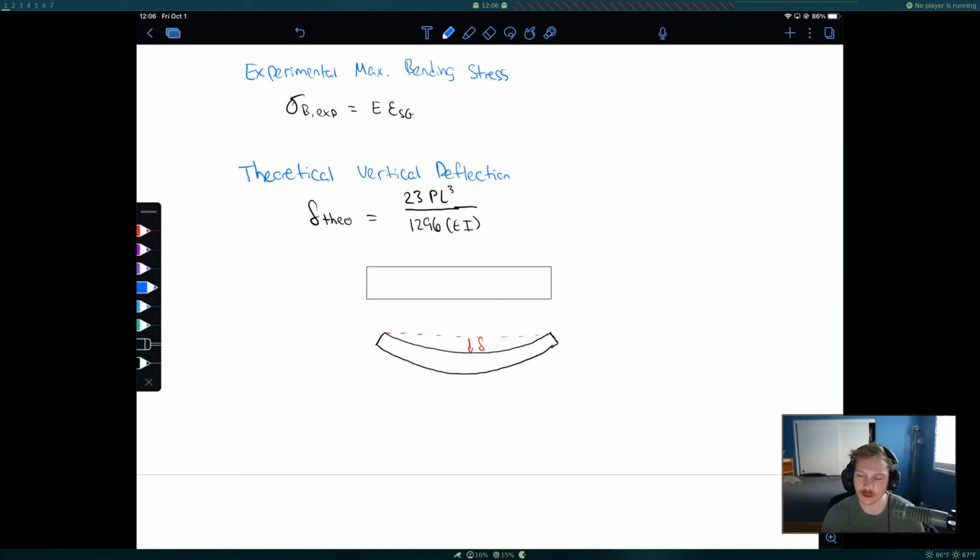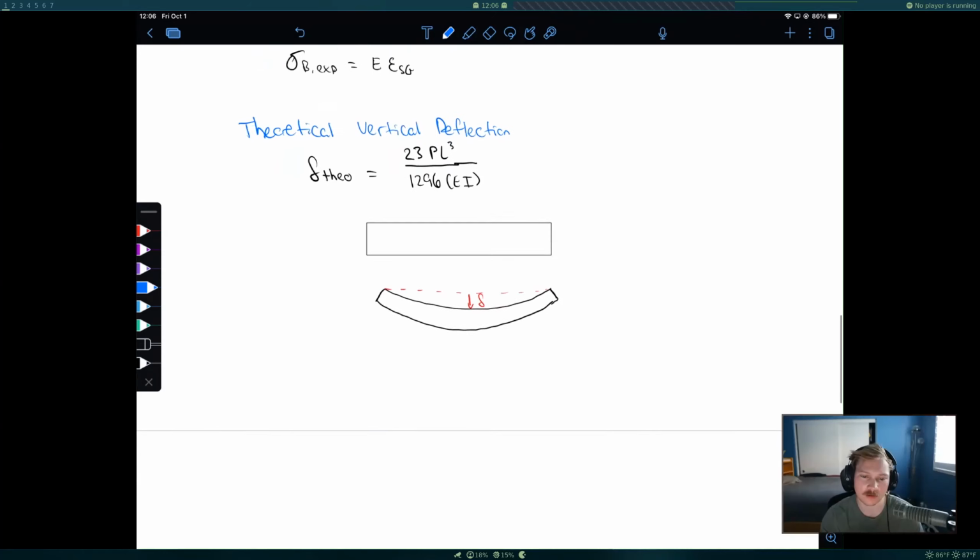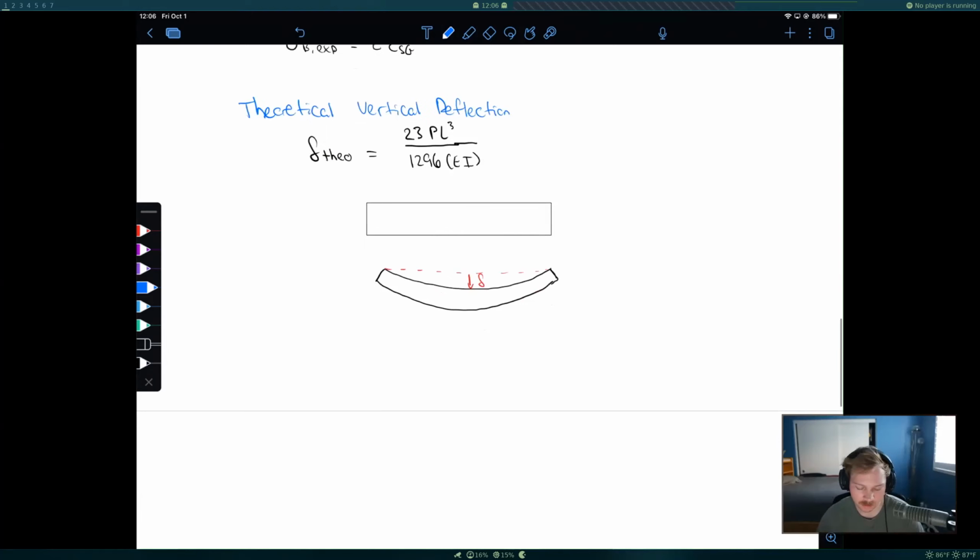So when you start the test, make sure that you're looking at the dial gauge the whole time and make sure that it's actually changing in value. If it's not, then you've got to call Don over, the lab technician, and he'll fix it for you. It's usually a pretty quick fix, but I think every time I've had this lab in person with these new dial gauges, there's always been one or two that get stuck.